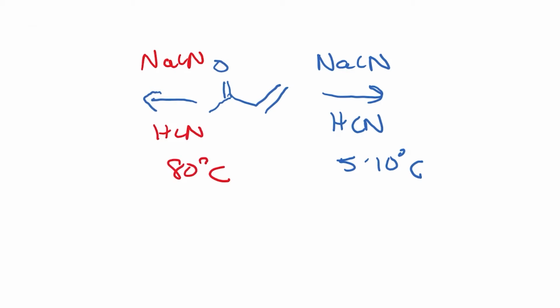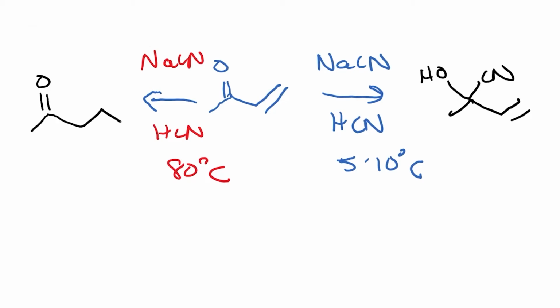Okay, so the product that is formed in the first case is the cyanohydrin. Okay, and the product that is formed in the second case is the addition to the olefin.